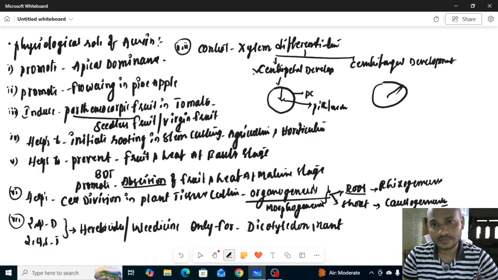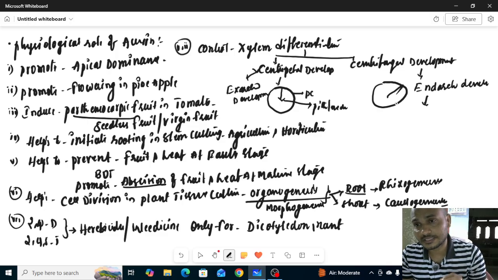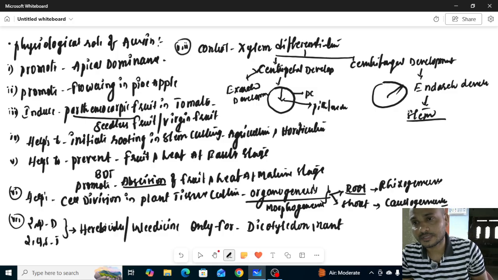This centripetal development is also called exarch development, and the centrifugal development is also called endarch development. Actually this endarch development is a characteristic feature of stem.